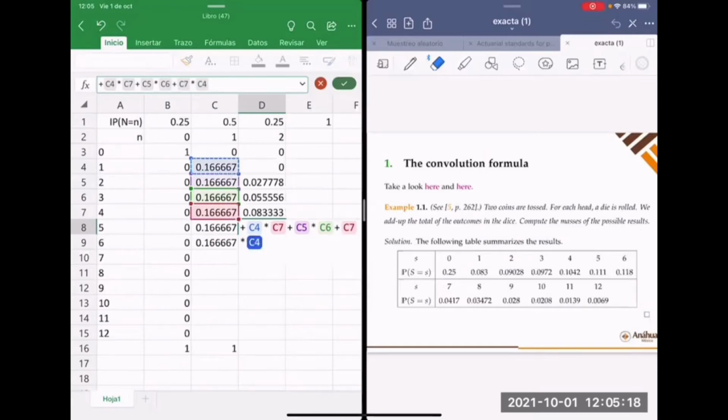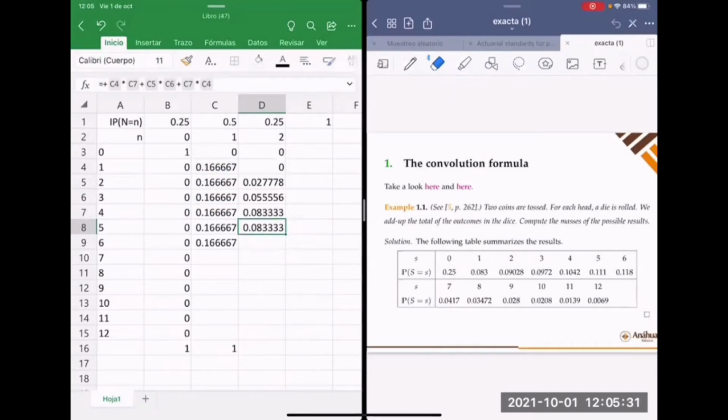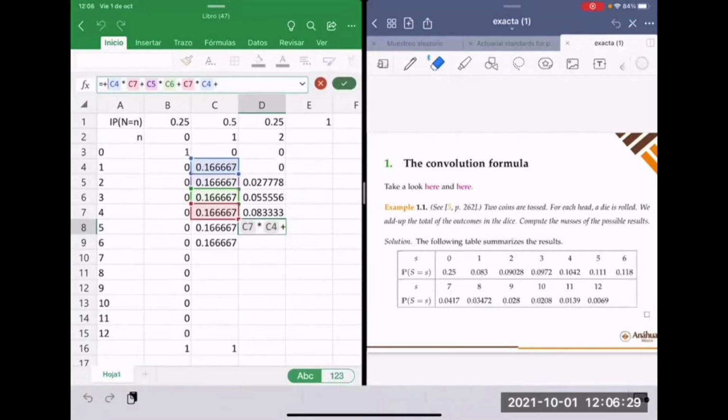So even when I'm using the same mass function for both dice, I am doing this. This is the dance of the convolution formula. I'm dancing. Afterwards, we need to take 4 and 1, and also 3 and 2. That's it.